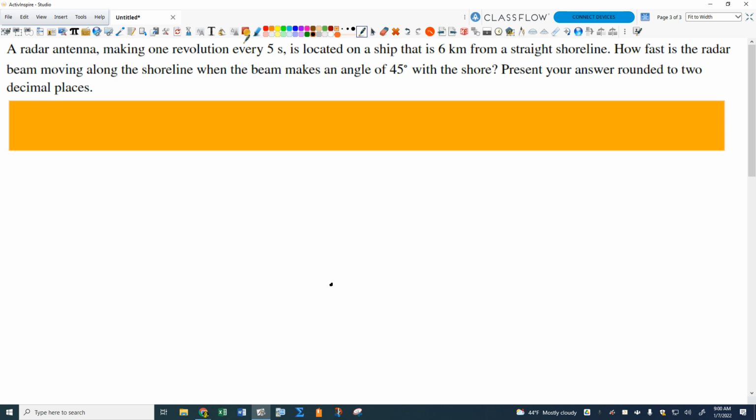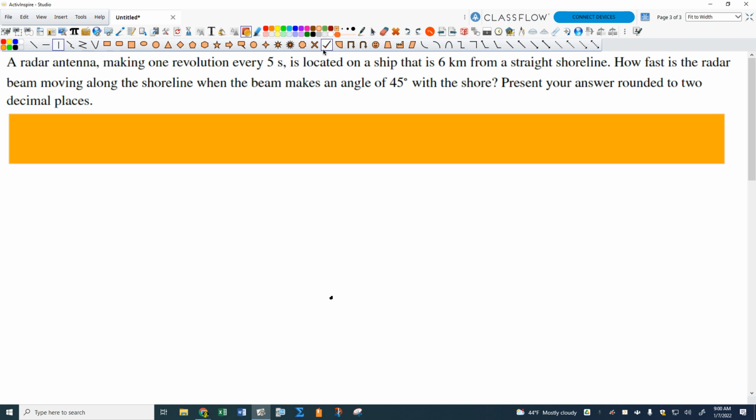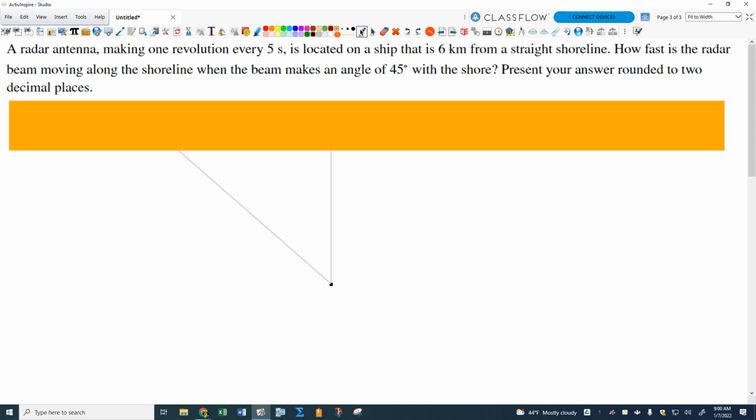There's our boat. Okay, so what can we do here? We can label constants. We know that 6 kilometers is a constant.